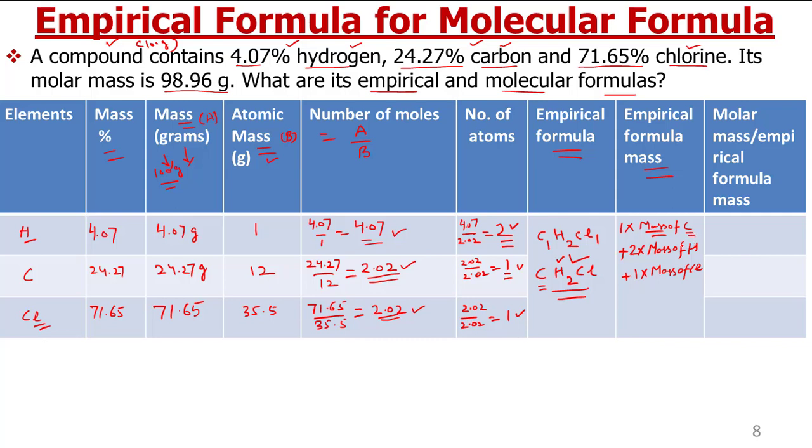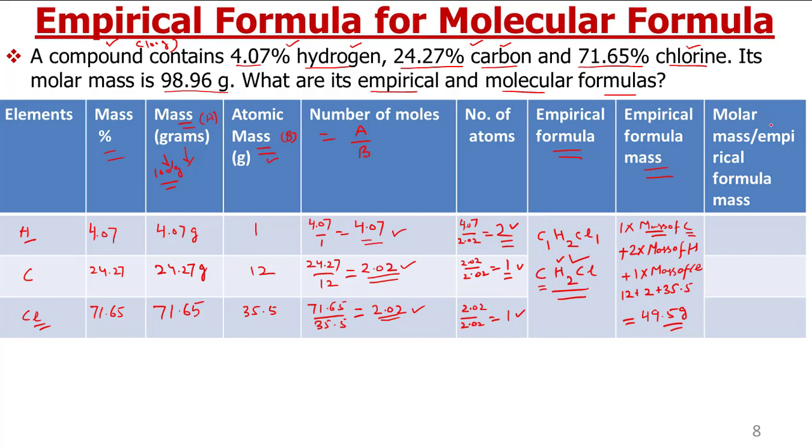The molar mass of carbon is 12, so 12 plus 2 into 1, which is 2, plus 35.5. So 12 plus 2 is 14, 14 plus 35.5 is 49.5 gram. So the empirical formula mass for this compound is 49.5 gram.